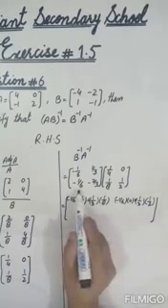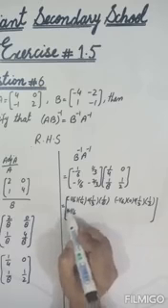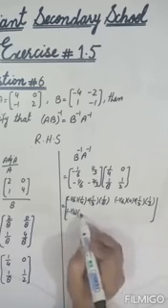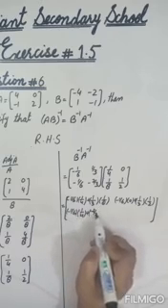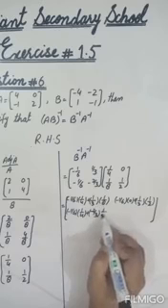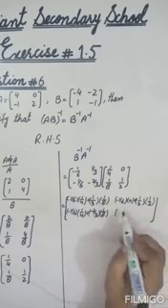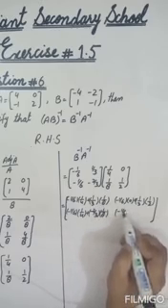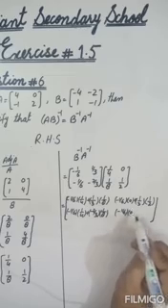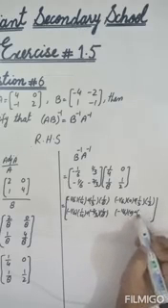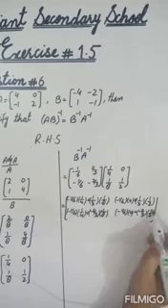Similarly, second row with first column, minus 1 by 6 into 1 by 4 plus minus 2 by 3 into 1 by 8. Then minus 1 by 6 into 0 plus minus 2 by 3 into 1 by 2.